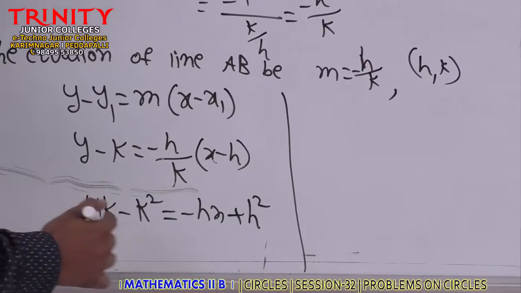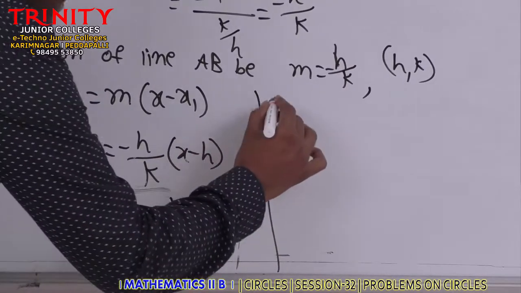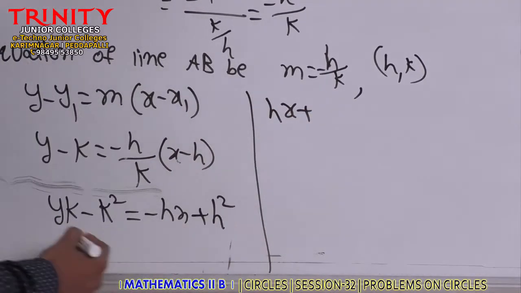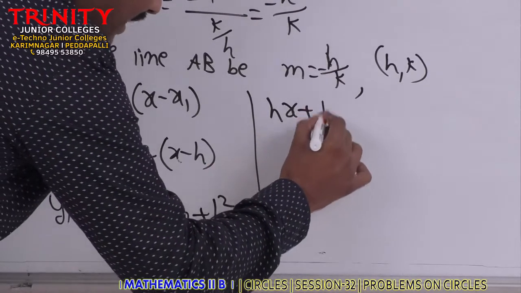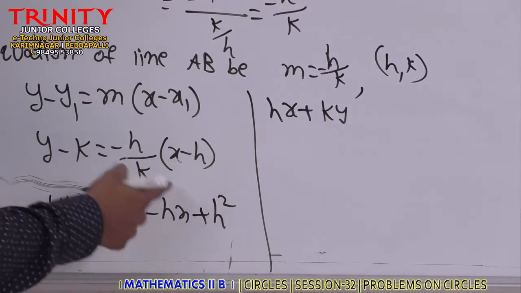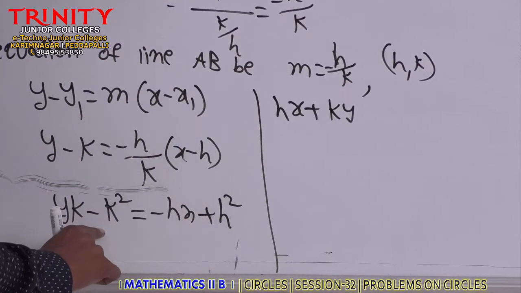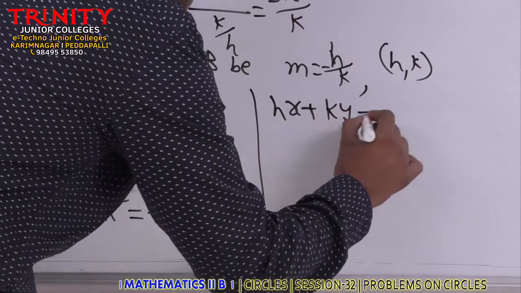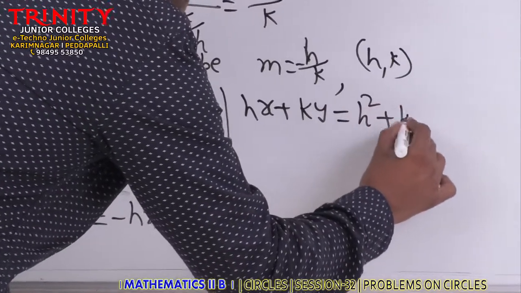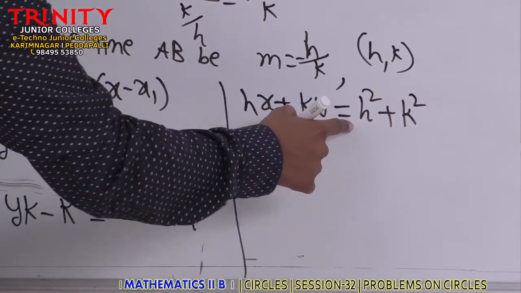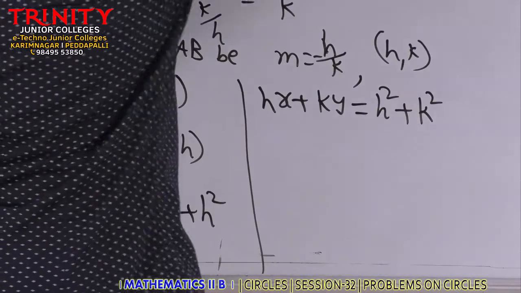Taking minus hx to the other side, hx plus ky equals h square plus k square.